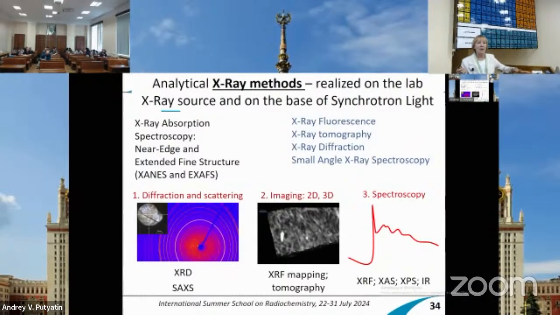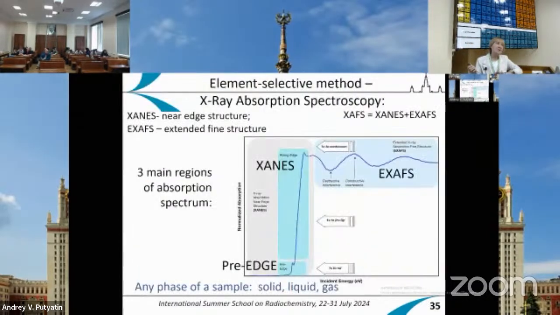And I would like to say that some time ago we said that we can perform X-ray absorption spectroscopy only at a synchrotron, but now it can be done just in our division. We have a spectrometer for X-ray absorption, XANES. Some words about the physical principles. Maybe you know about it.